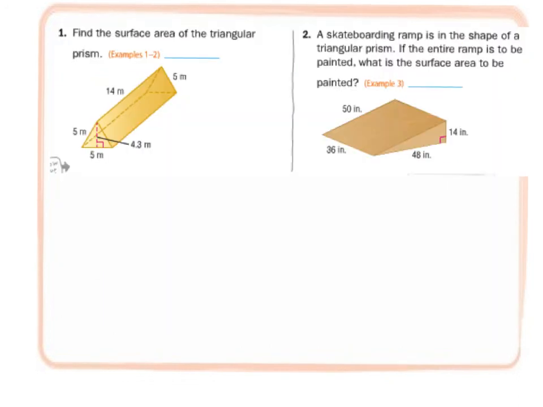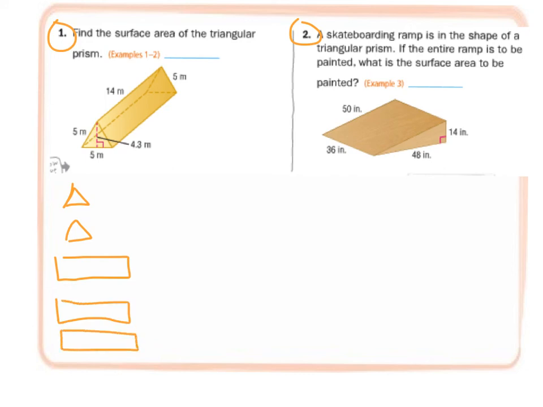This last slide is going to be your practice problems. It's 1 and 2, and it's in your book. I don't know if you have your books at home, but it's in the guided practice, and you can go ahead and try those. Remember to draw all the faces, and then find the area of each face, and then add them all up.